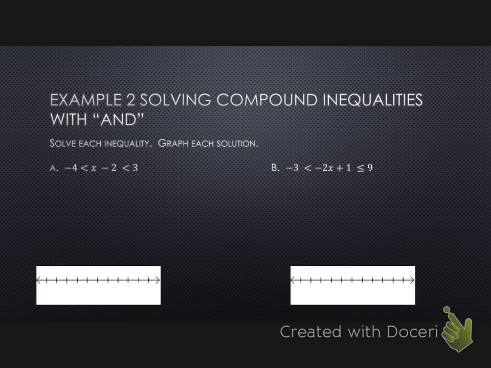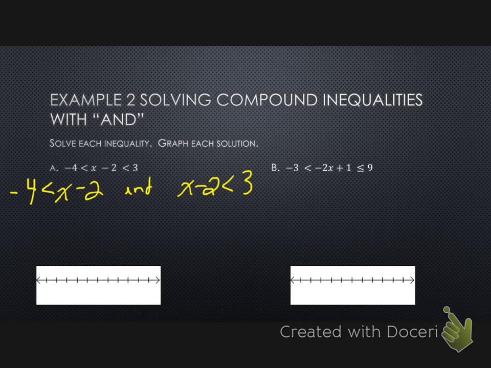The best way to solve this is to separate the compound inequality into two inequalities. So you're going to have -4 is less than x minus 2, and x minus 2 is less than 3.